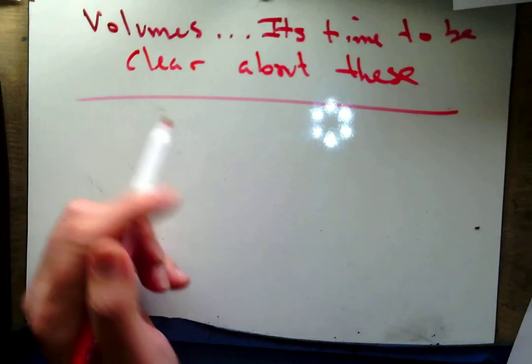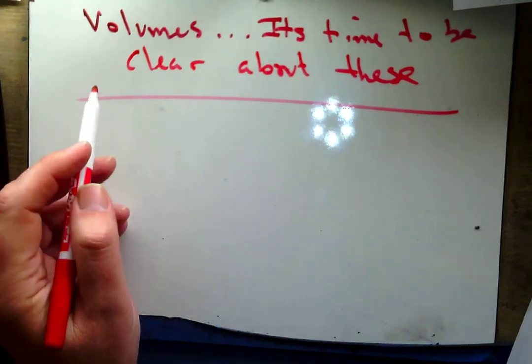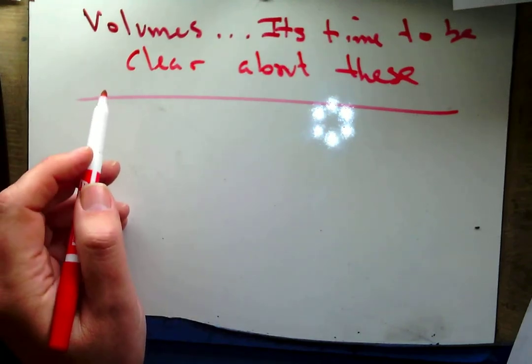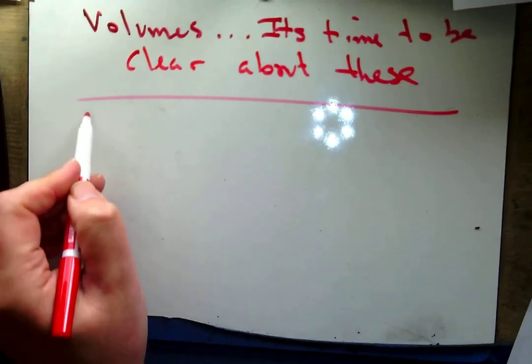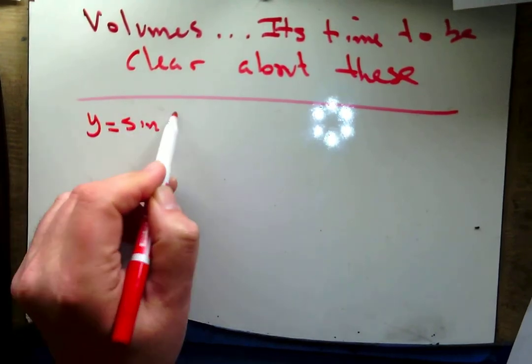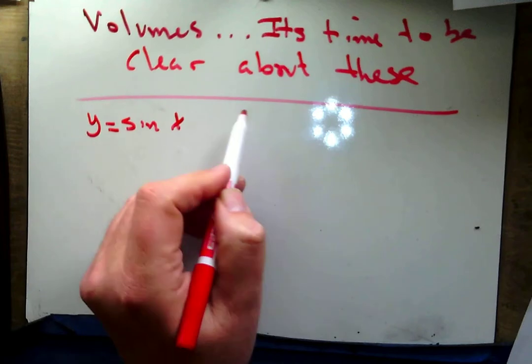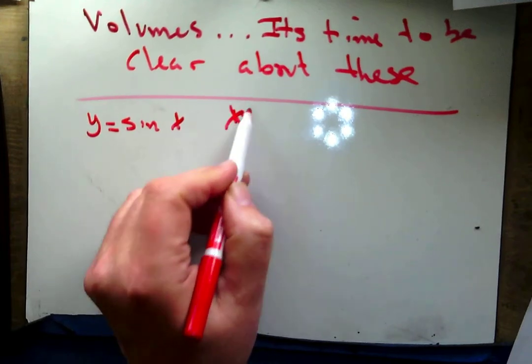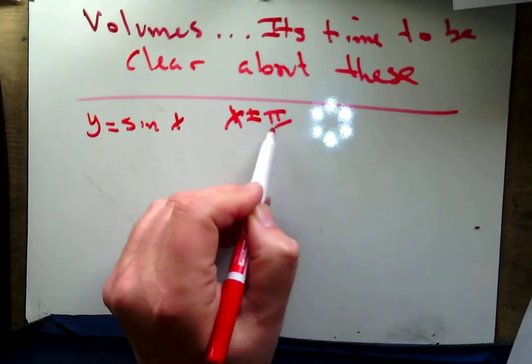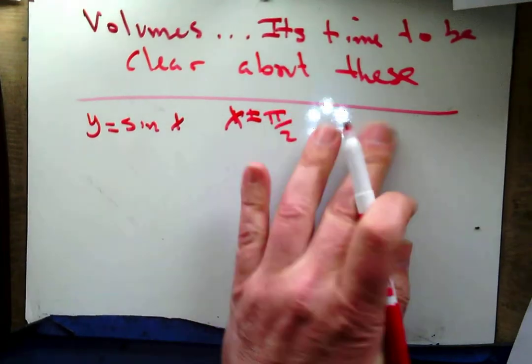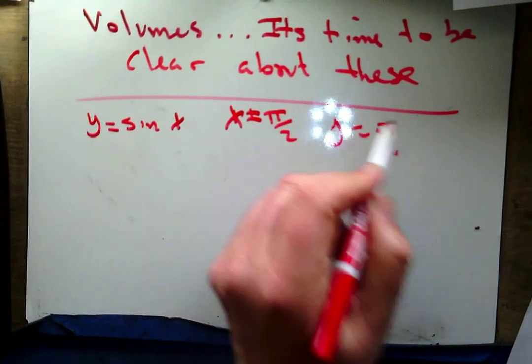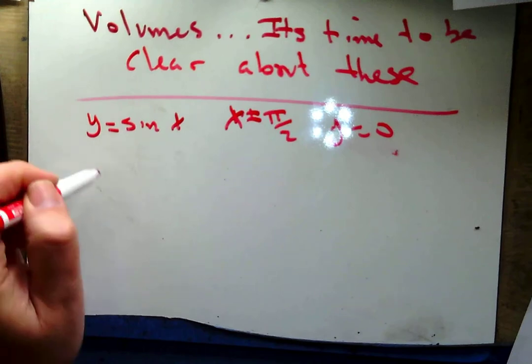So, our worksheet says, number one, when this region, and by the way, this is y equals sine x, and we have boundaries of x equals pi over 2 and y equals 0. So what does our region look like?